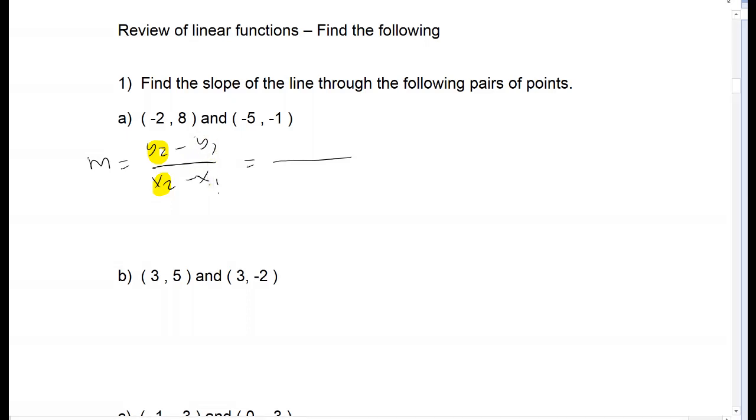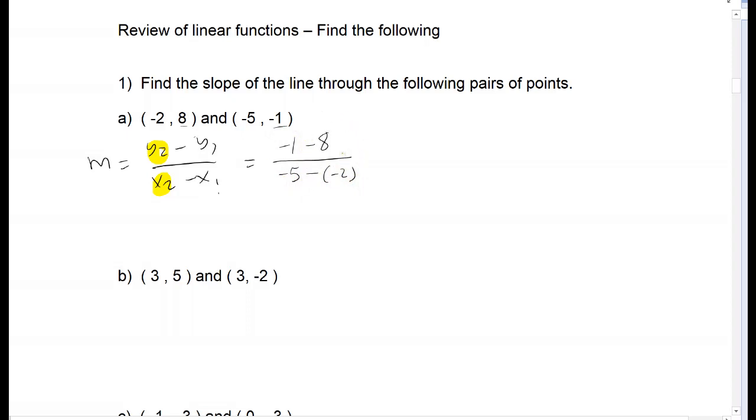So y1 and x1 should come from the same pair. If I let this be my second point, my (-5, -1), then (-2, 8) is my first point. My y values are negative 1 and 8, so I take negative 1 minus 8. Then my negative 5 and my negative 2 are my x values, so negative 5 minus a negative 2. What I mean by consistency is the negative 5 and the negative 1 came from one point, and the 8 and the negative 2 came from the other point.